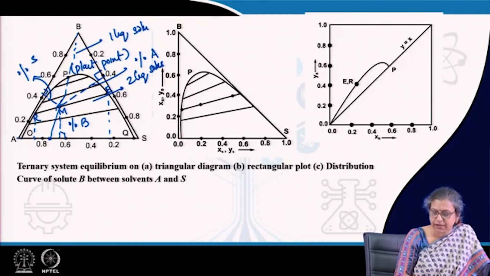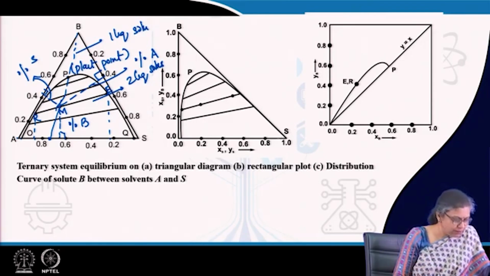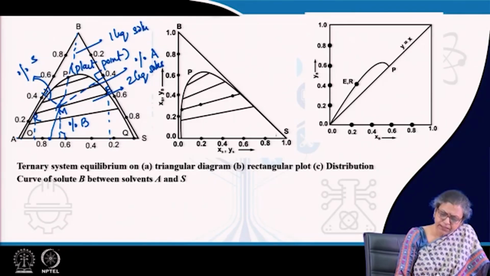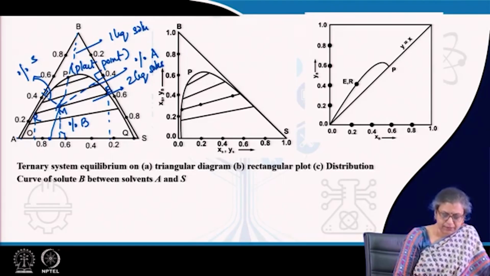Composition of S in the raffinate and the extract phase are denoted on the x axis, and by difference from these we find out the composition of A. In this case also it's the same thing. We can show the two phase zone and the single phase zone, and the tie lines, everything can be shown.